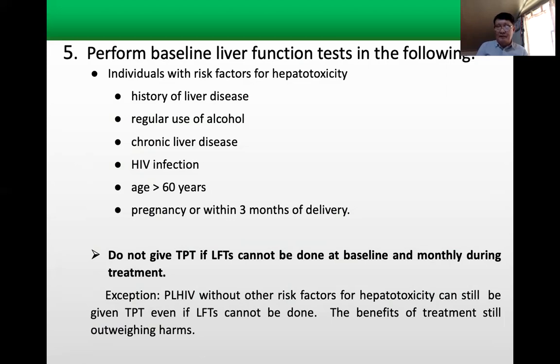Okay, so they are PLHIV, and we know that the co-infection with TB is very high in terms of mortality. So that's why we have to have the so-called balance between the benefits and the risks. Now, our PLHIV can still be given TPT, even if LFTs cannot be done.